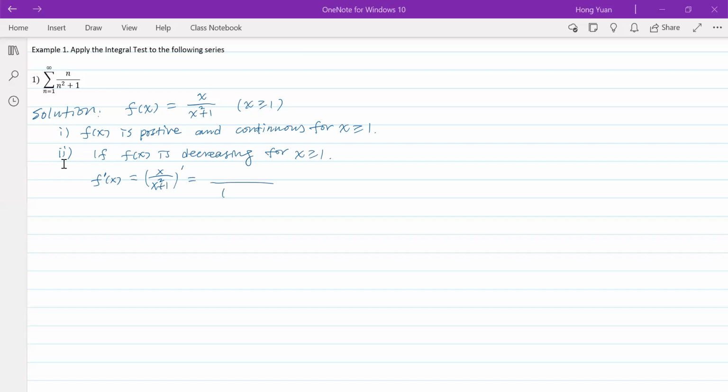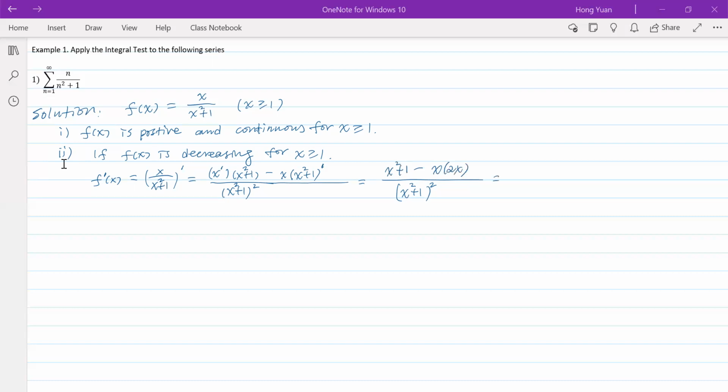Denominator squared; numerator: the derivative of the numerator times the denominator, minus the numerator times the derivative of the denominator. The denominator is x squared plus 1, squared. Numerator: the derivative of x is 1, so x squared plus 1 minus x times 2x. x times 2x is 2x squared.